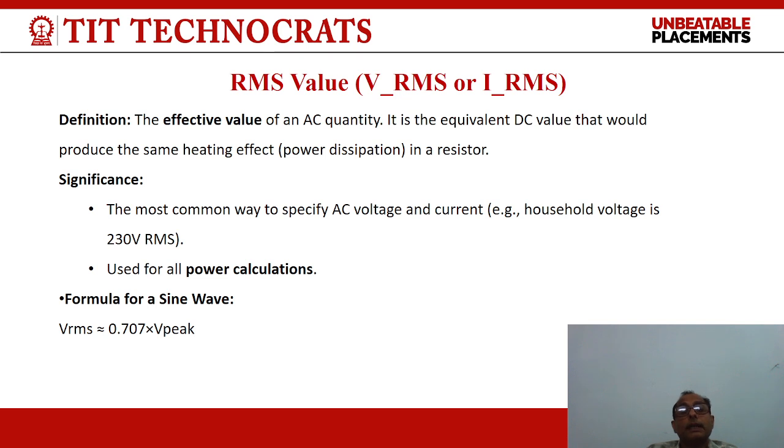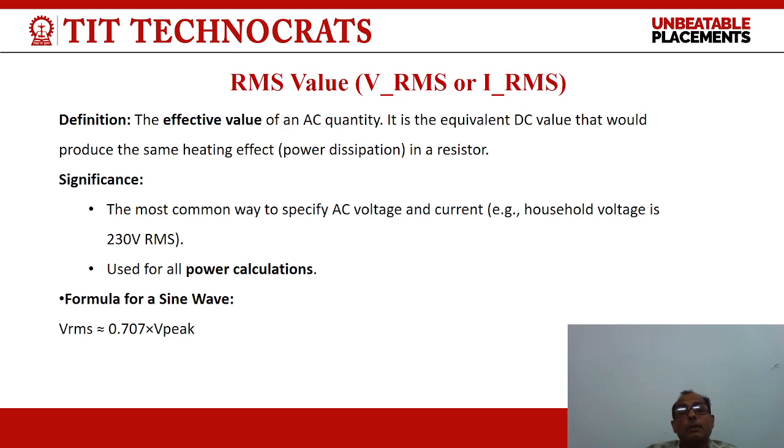Then comes the second definition, that is RMS value. RMS value is the effective value of an AC quantity. It is defined as that value of DC which will produce the same amount of heat as an AC current will produce when flowing through the same circuit for the same time.